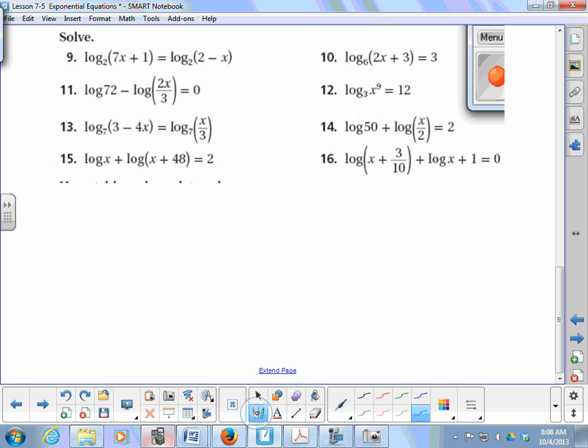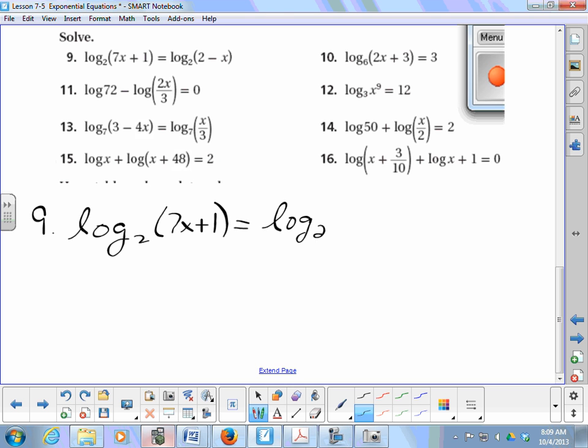Okay, so number 9. Number 9 is actually really nice because it's one of the more basic ones. This is very similar to when we get the same base. For the exponential ones where I can make the bases the same, what do I say about the exponents then?